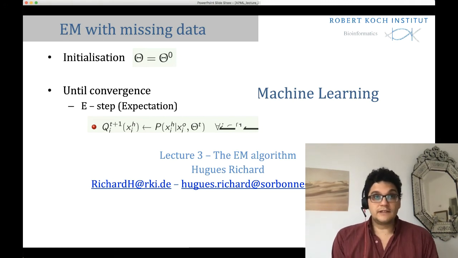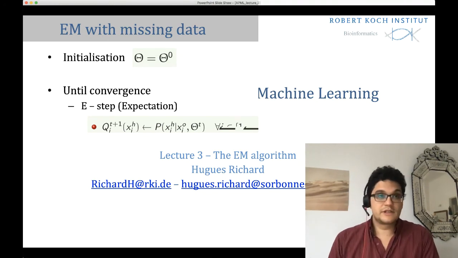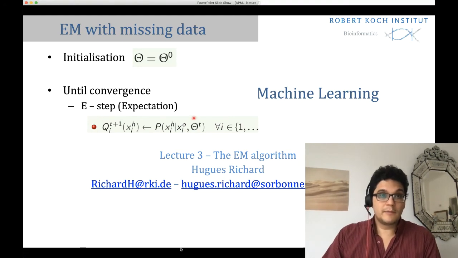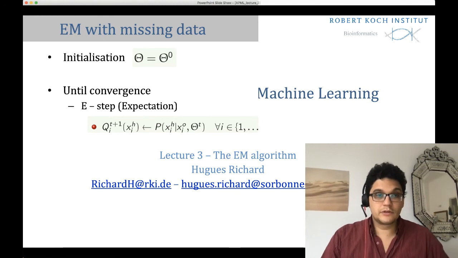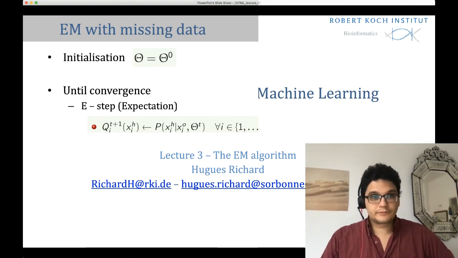we'll do that iteratively. We start with a set of parameters we initialize, and we sequentially compute posterior for the parameter we have at iteration t. We compute a posterior over the hidden, the missing data, the hidden variable given the observation for all of our observation, and from that we compute a conditional log likelihood of our observation, which is a function of theta.